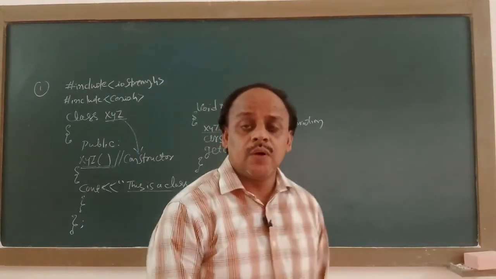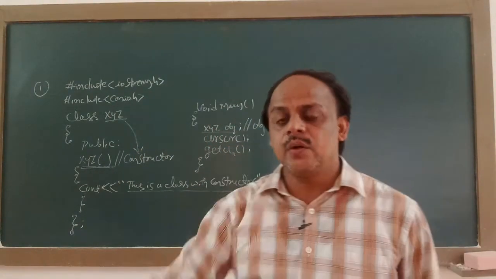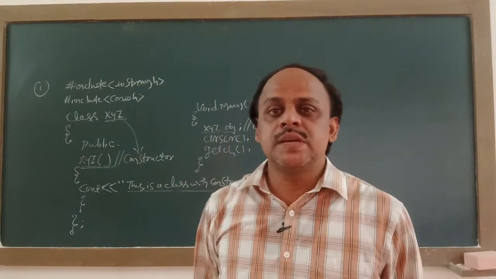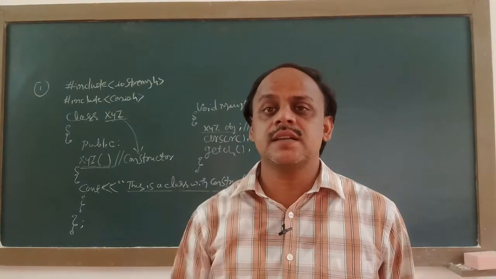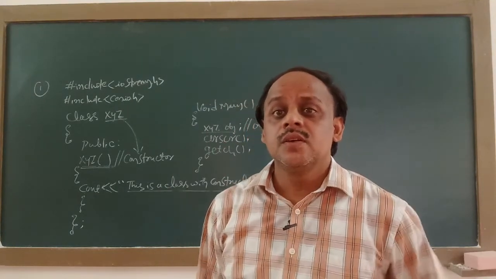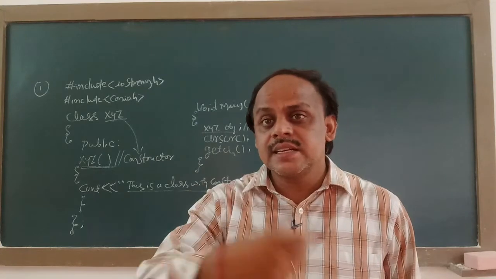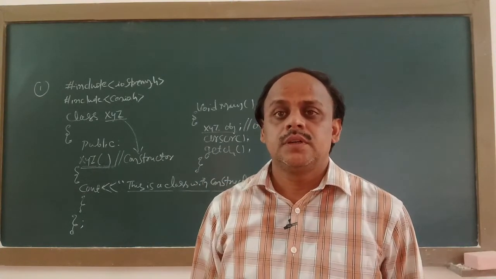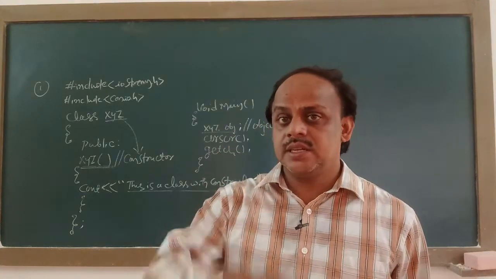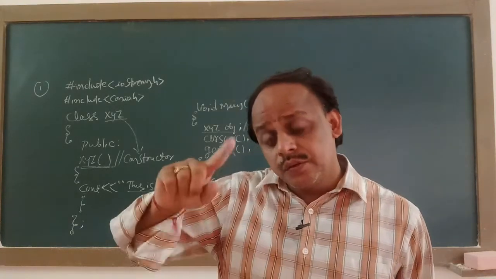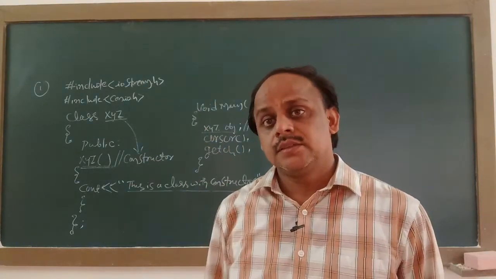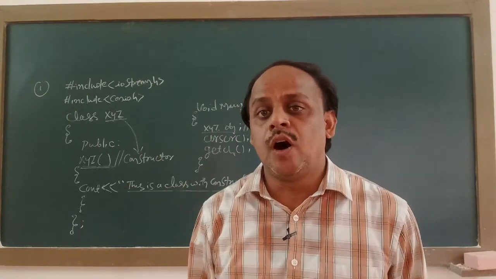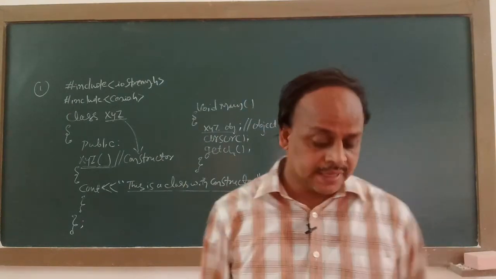Now I am going to write one more C++ program using the constructor concept, to show how a constructor is executed when we declare a number of objects. Let us see.